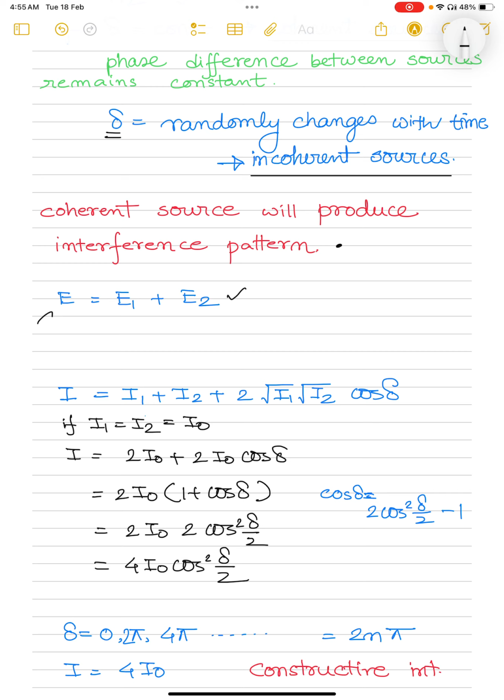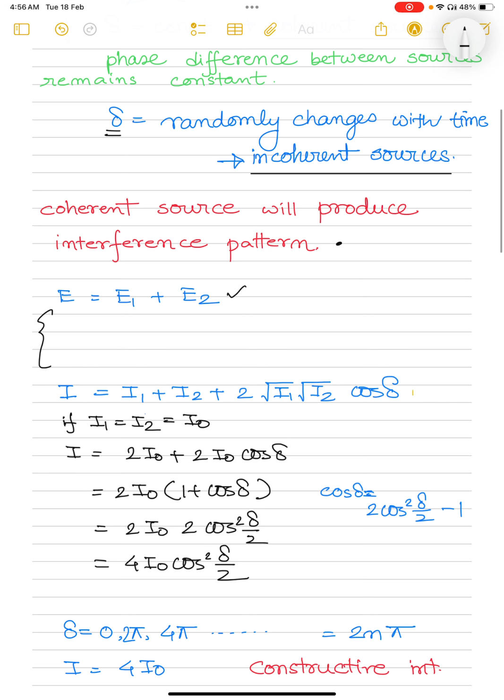Now there is some algebra in the derivation which is important and might come in exams, but I am going to write the formula at the end. So the intensity will be I1 plus I2 plus 2 root over I1 I2 cos delta. This delta was the phase difference.